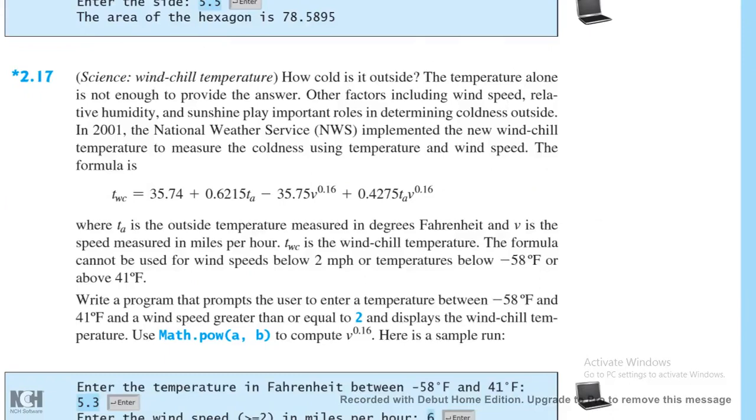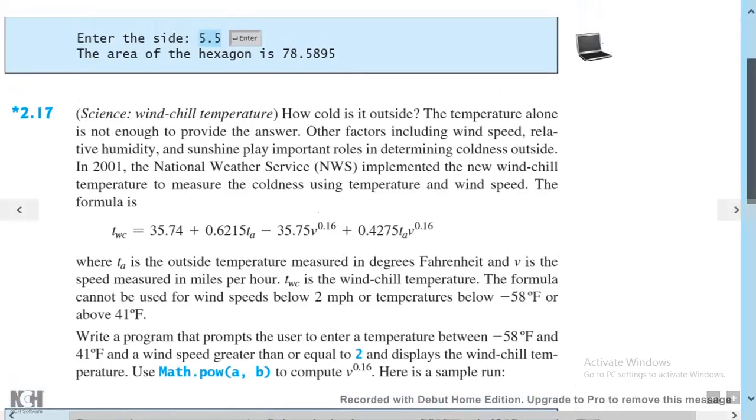Other factors including wind speed, relative humidity, and sunshine play important roles in determining coldness outside. In 2001, the National Weather Service implemented the new wind chill temperature to measure the coldness using temperature and wind speed.